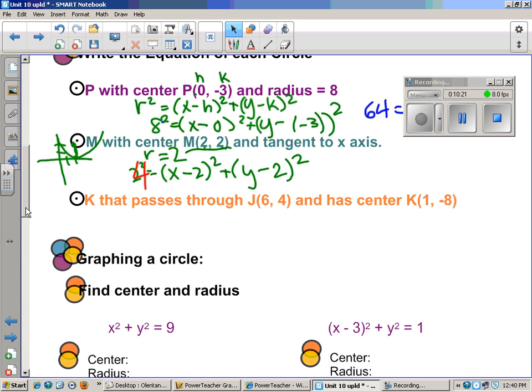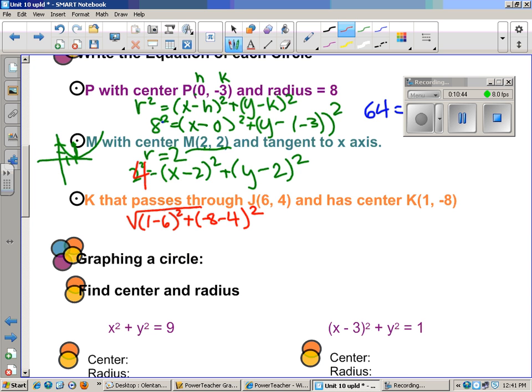Find the distance between a point on the circle and the center using the distance formula. The regular one, not the one for circle, is the square root of (x2 - x1) squared plus (y2 - y1) squared.